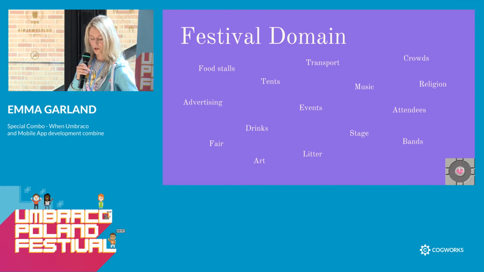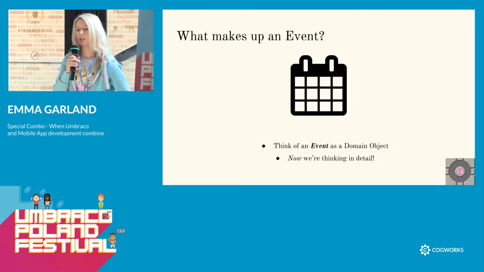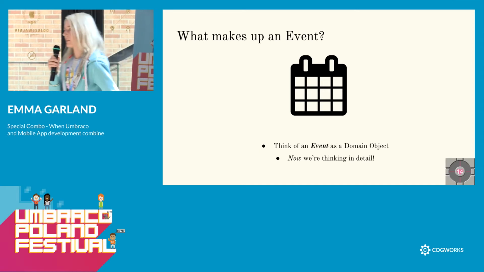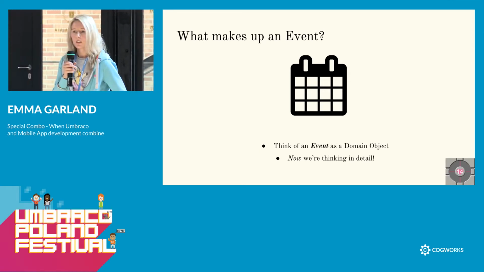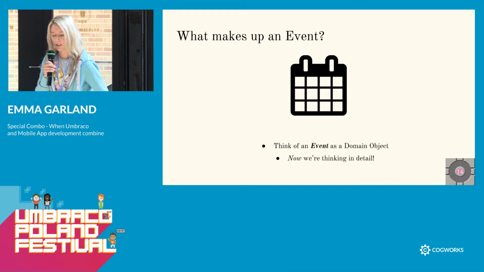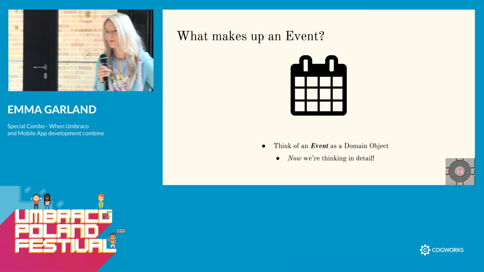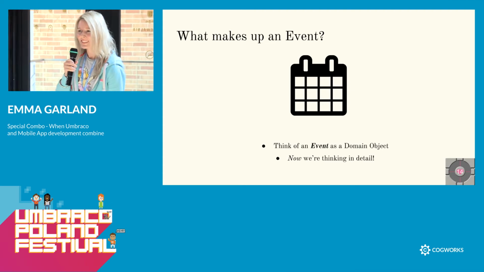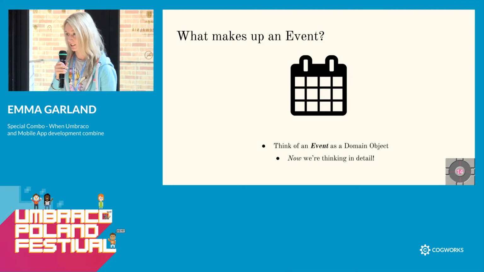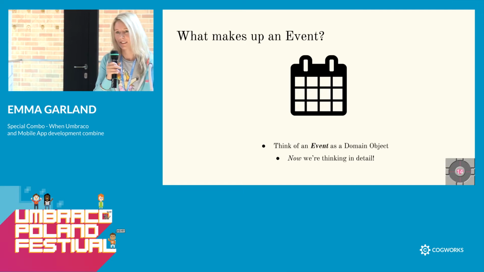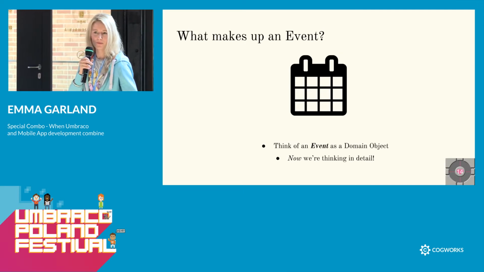You then zoom in, so we'll zoom in on the event side of a festival. We really start thinking in detail here. So again, just shout out anything you think of when you think of the word event. Date and time. Location, yeah. One more?